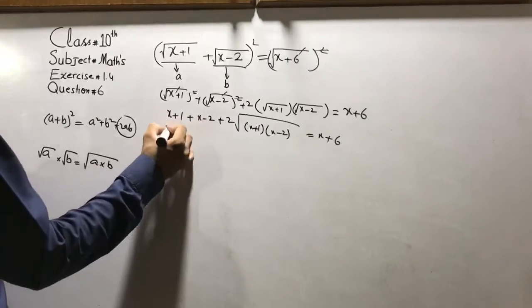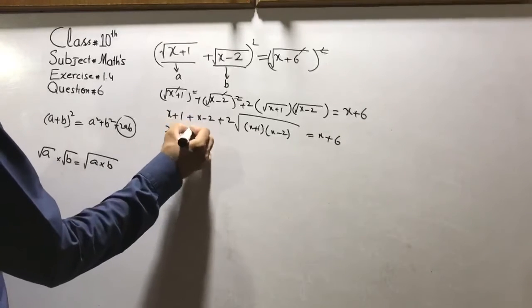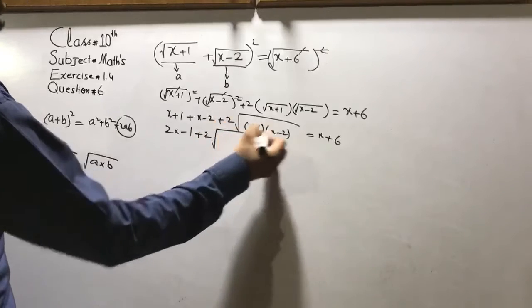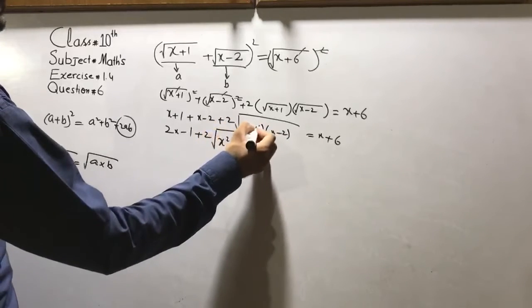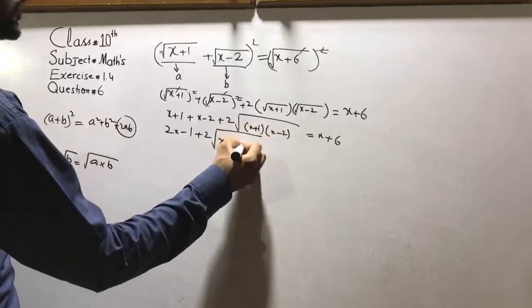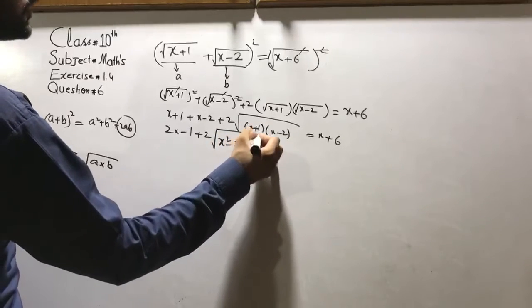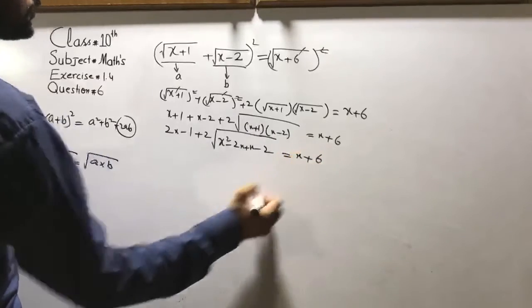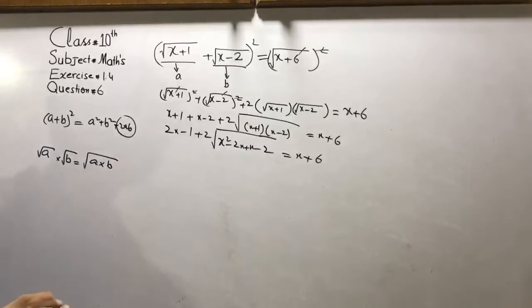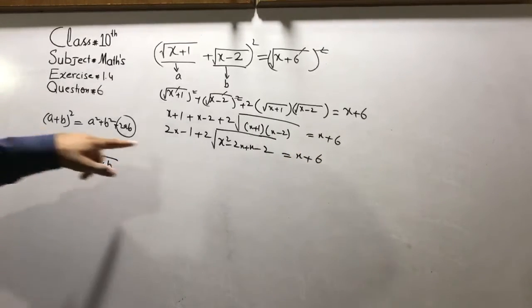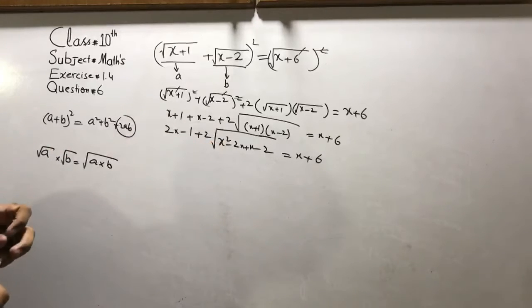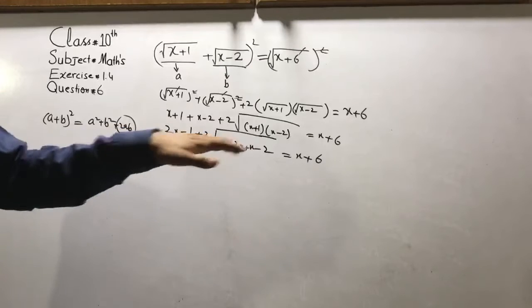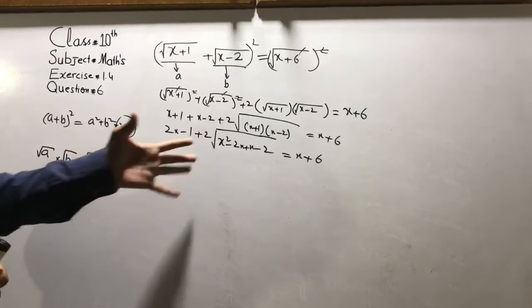Now x plus x we get 2x, minus 2 plus 1 we get minus 1, plus 2 times the root of x multiplied by x we get x square, x multiplied by 2 gives minus 2x, 1 multiplied by x gives x, and minus 2, is equal to x plus 6. Now again the square root symbol is in this expression, so we cannot find the value of x.